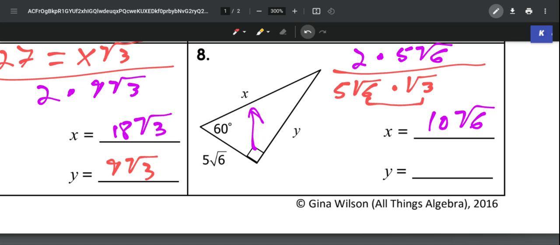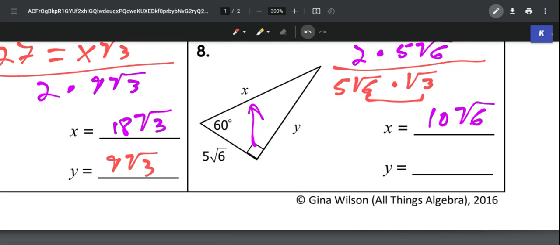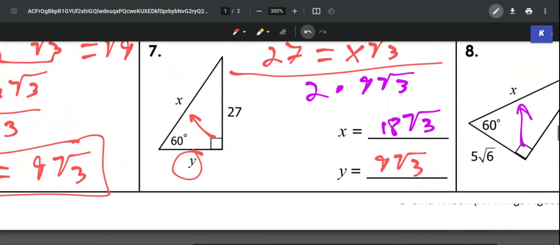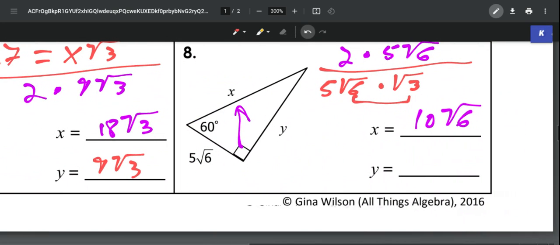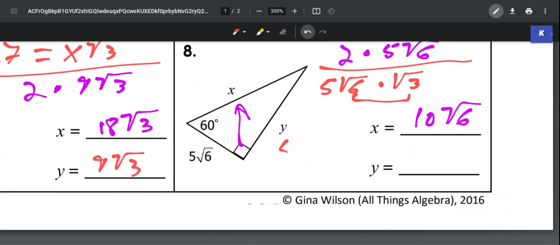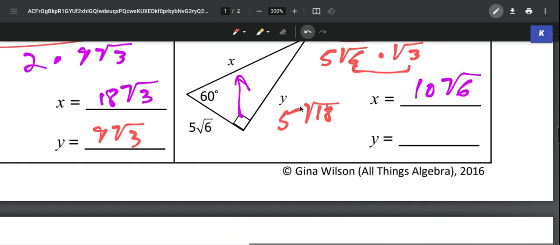When we multiply those two, we'll end up with 5 square root of 18, because we just multiply our numbers in the radical and keep it under a radical.